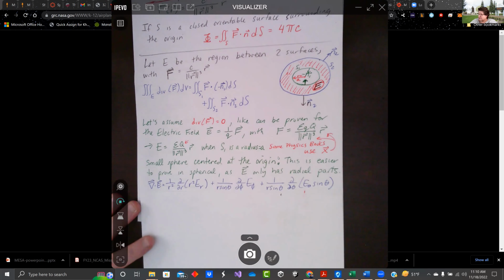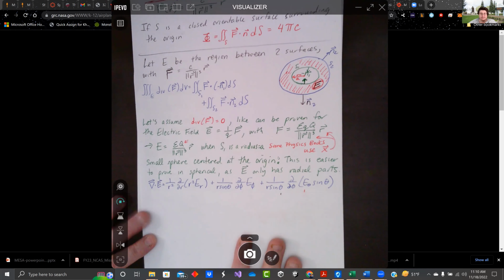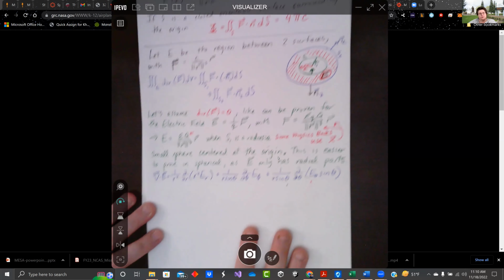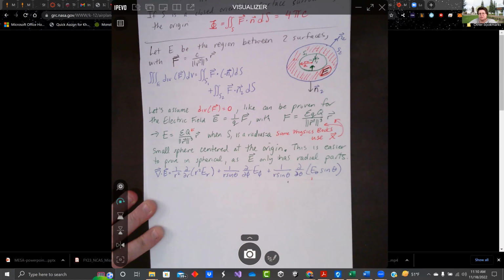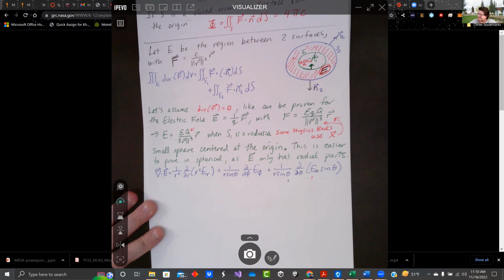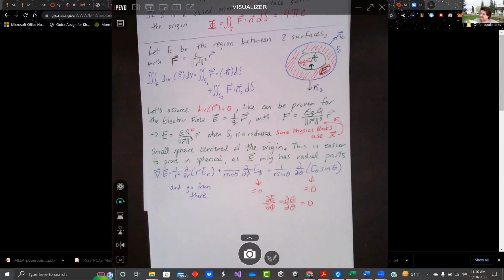Maybe one of these semesters I'm going to have students calculate this. Maybe it's a bonus question on the test: calculate the divergence for a spherical coordinate system. All right. Since our electric field is only going out radially, the partial derivative with respect to phi or theta is 0. So this goes to 0, that goes to 0, and we're really only looking at that component.